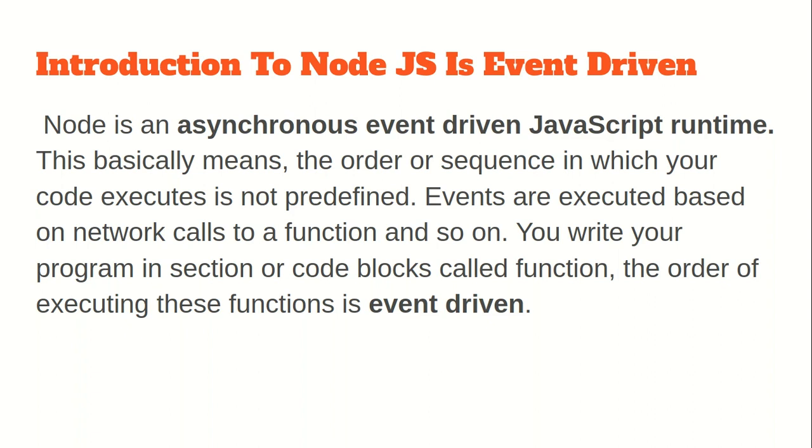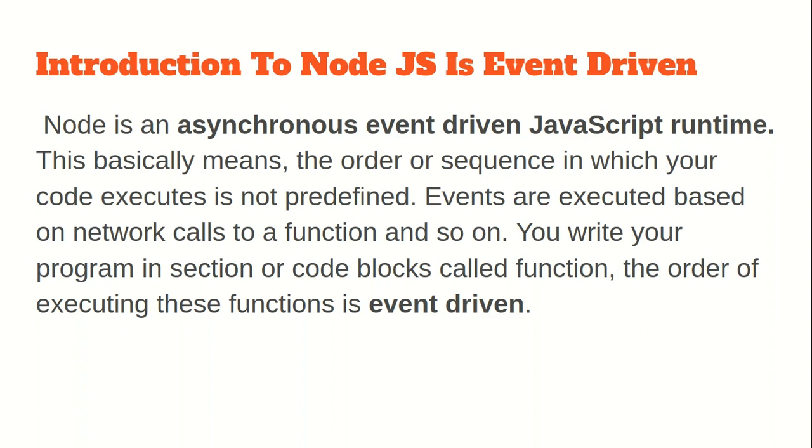Asynchronous means that the ordering of execution of functions is not predefined. The execution of functions is event driven, meaning that a function is executed based on a certain action. That is what is meant by asynchronous. And if you want to know what asynchronous programming is, I have an introduction to multiprocessing computers and using asynchronous programming, and you can check that out on my YouTube page.